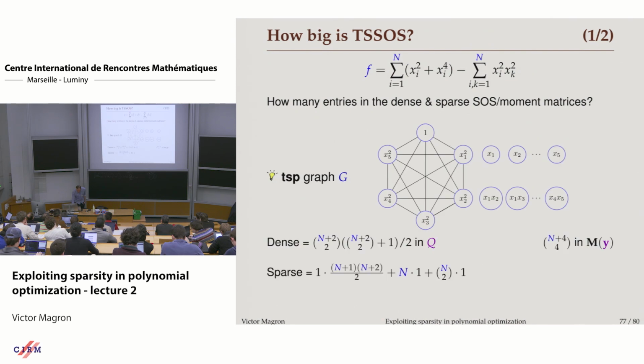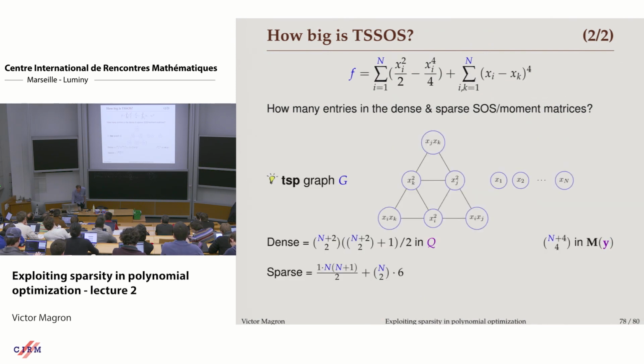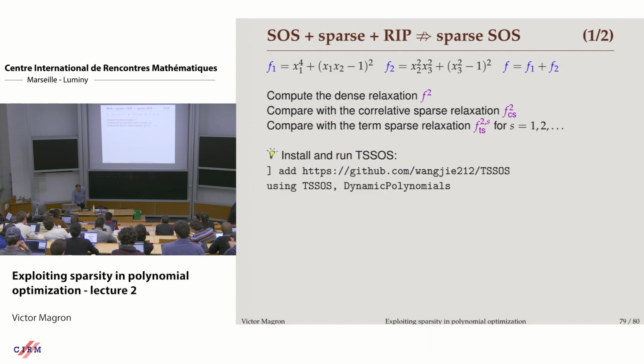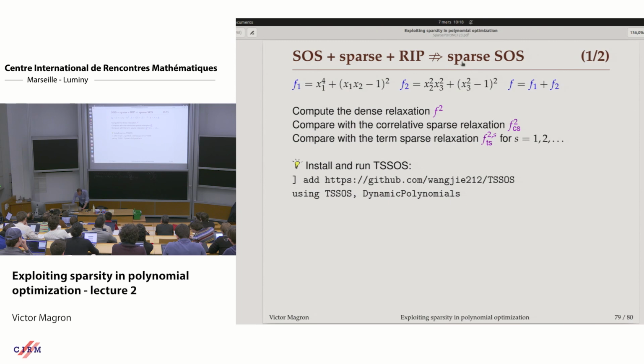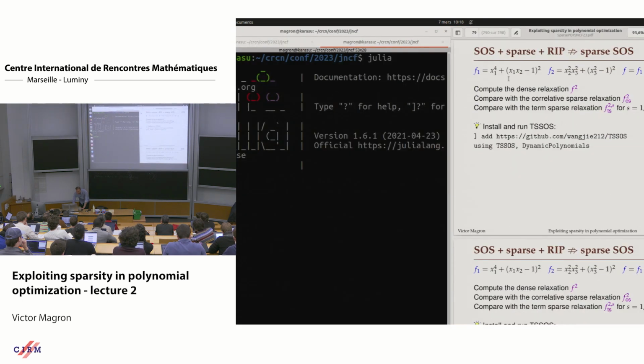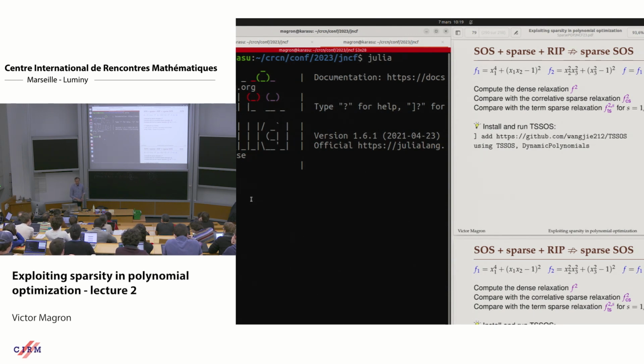So I'm going to show you a quick demo. Yes, it's after that. So there are some exercises if you are interested. This will be a computer-assisted proof, up to numerics, that if you are a sum of squares, if you are sparse, and even if your graph is chordal, so the running intersection property holds, then you are not necessarily a sum of sparse squares.